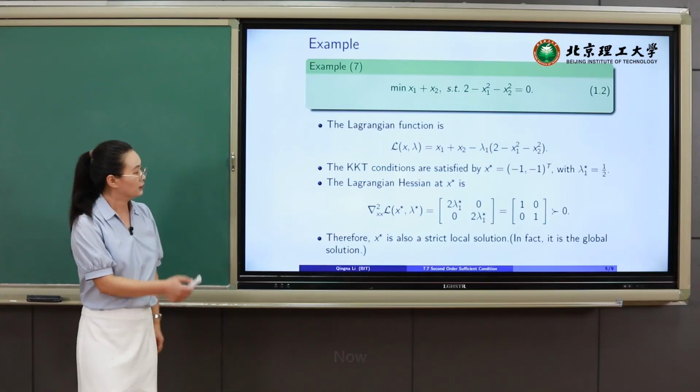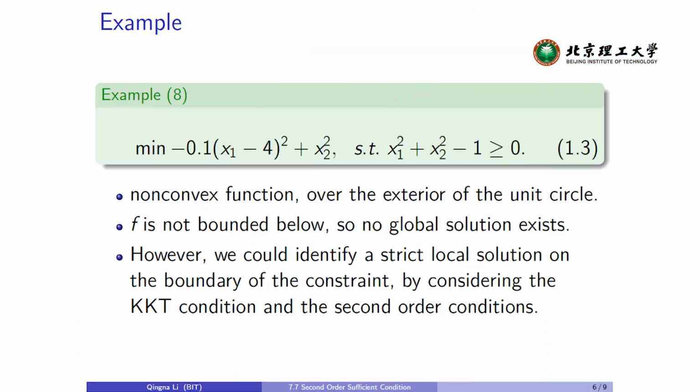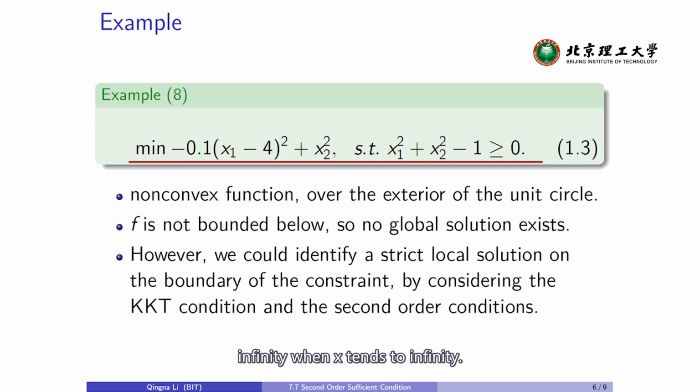Okay, now let's take a look at the other example. In this example, if we look at the objective function, we can see that this function goes to infinity when x tends to infinity.